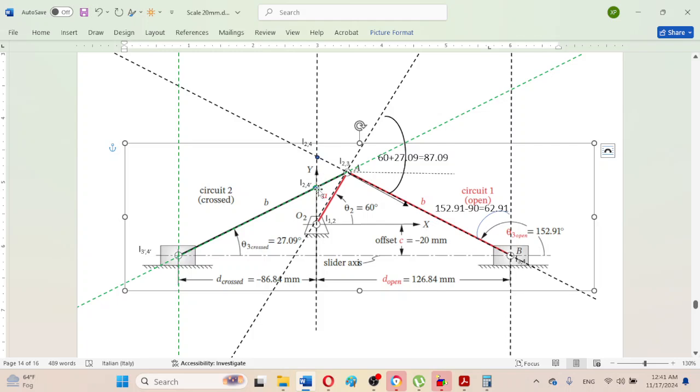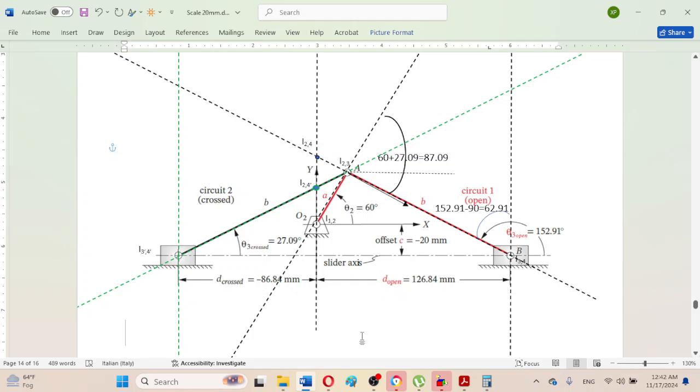So the moving instant center, or unknown instant center, can be anywhere: on the links, off the links, or at any point in this plane. So in this way all 6 instant centers have been located.